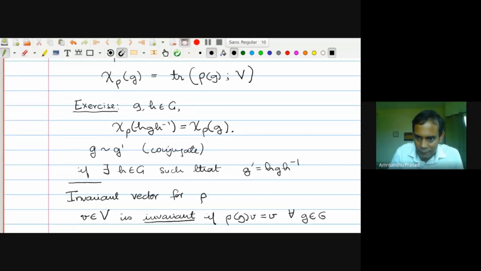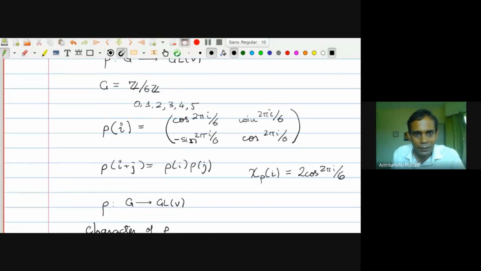That means this vector is not at all moved by any element of the group. So in this example, we don't have any invariant vectors except for the zero vector, because this transformation here is rotation by 60 degrees. So every non-zero vector gets moved to its rotation by 60 degrees.